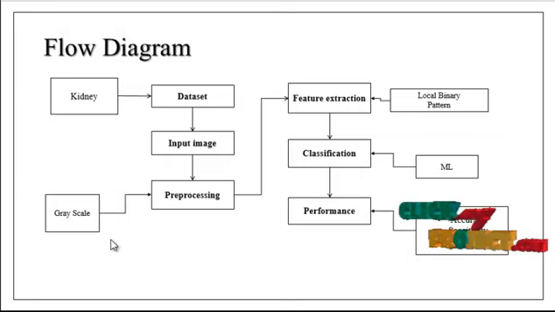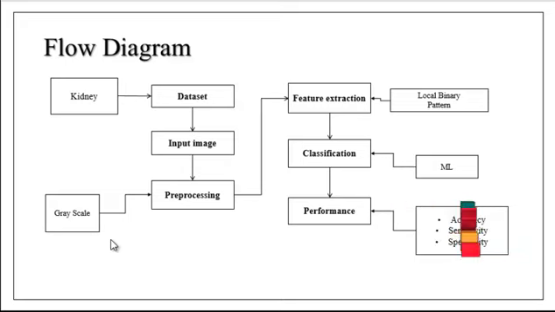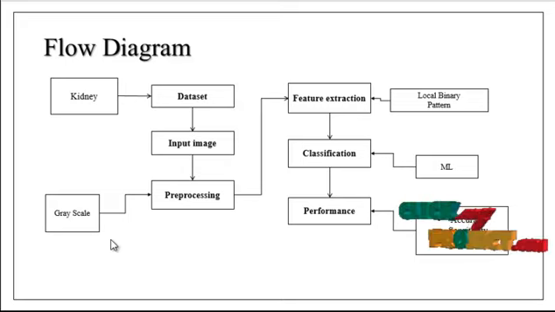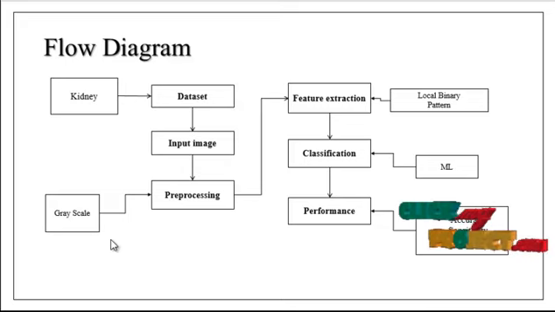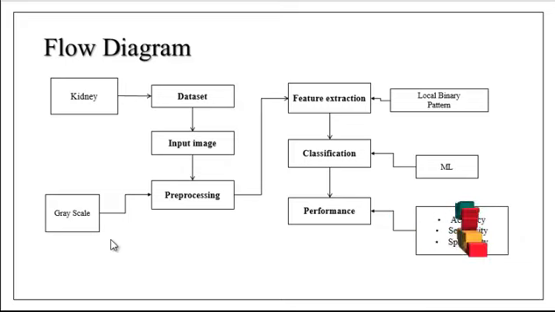After doing this, the image will be separated into red, green and blue channels. Basically, an RGB image has three kinds of channels: red, green and blue. In case of medical images having grayscale contrast, the image will directly be grayscale.